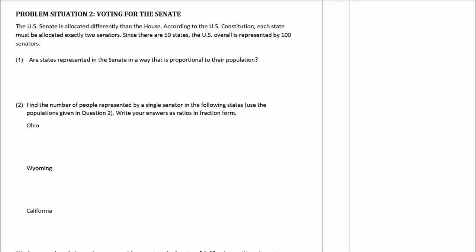And poor in the way that it is not as large. That's what I'm saying, it doesn't get that many representatives in the U.S. House, but in the Senate, it is getting 2 senators, regardless of their size. Since there are 50 states, the U.S. overall is represented by 100 senators, okay?